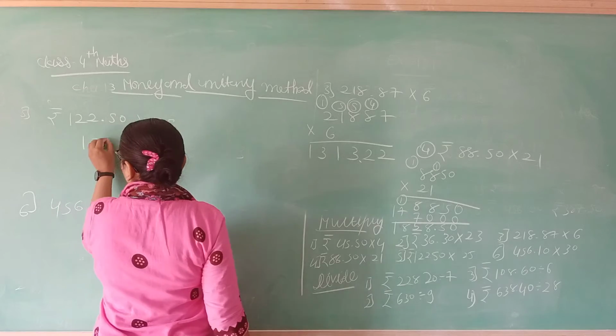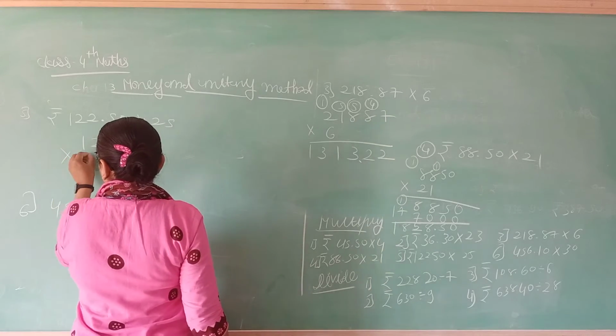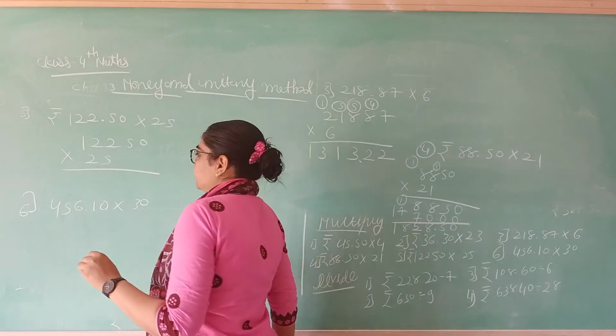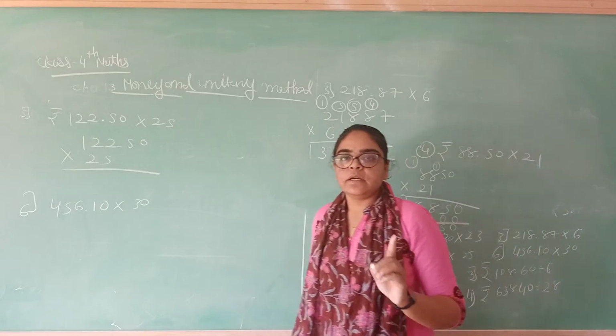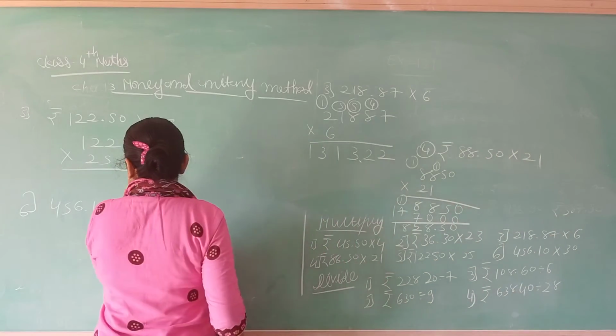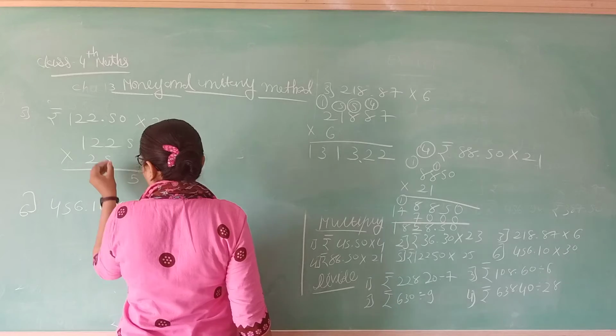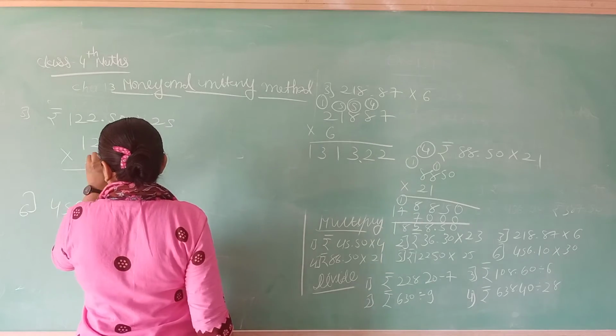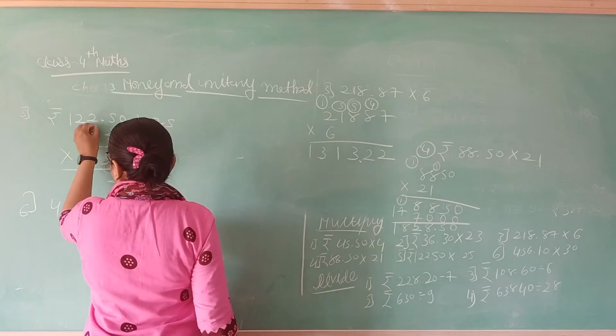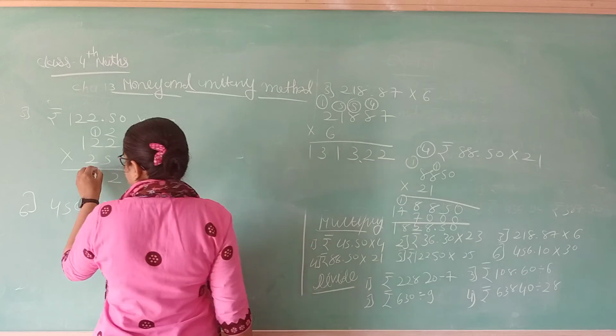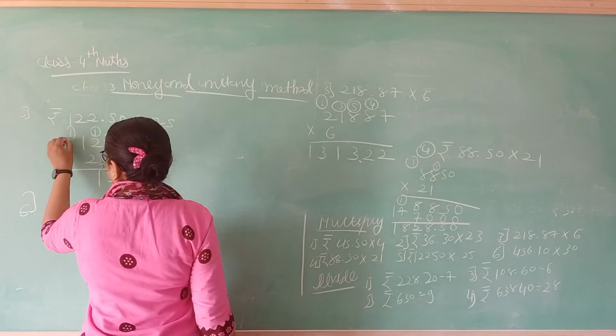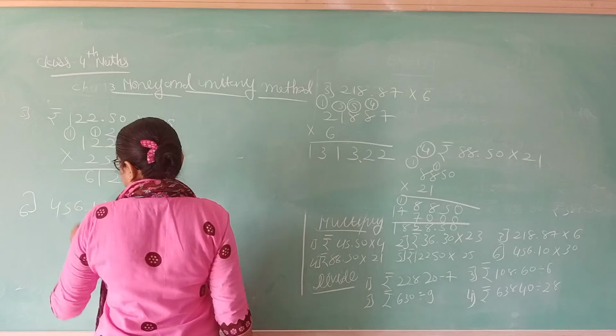Okay, so first remove the decimal point, then do the multiplication. Here 5 zeros are 0, 5 5s are 25, so 5 here, 2 carry over. 5 2s are 10 plus 2, 12, 2 here, 1 carry over. 5 2s are 10 plus 1, 11, 1 here, 1 carry over. 5 is 5 plus 1, 6.